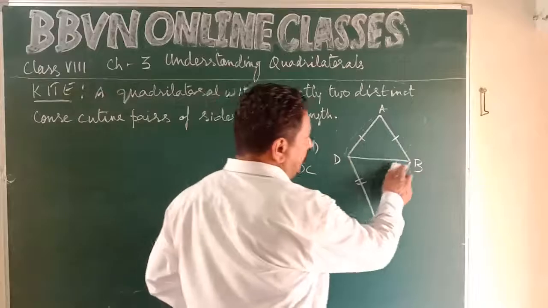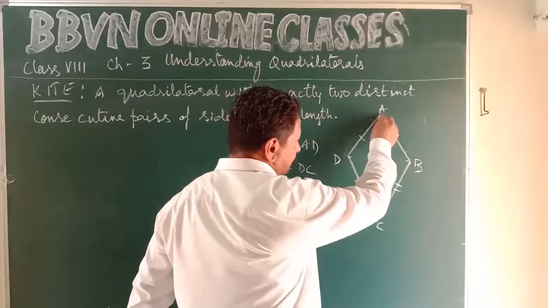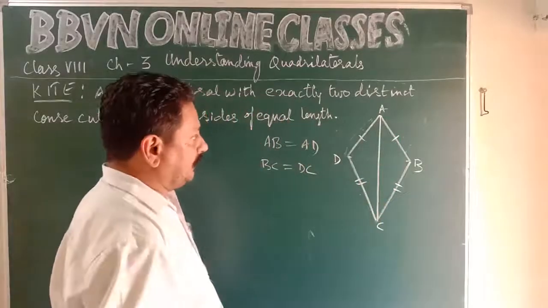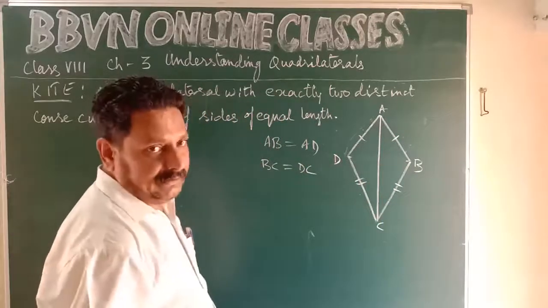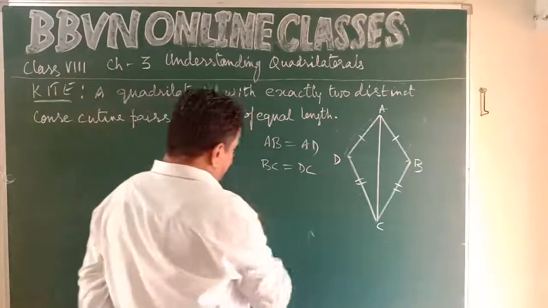But if I draw the diagonal AC, now if we compare triangle ABC and triangle ADC, what do we see?